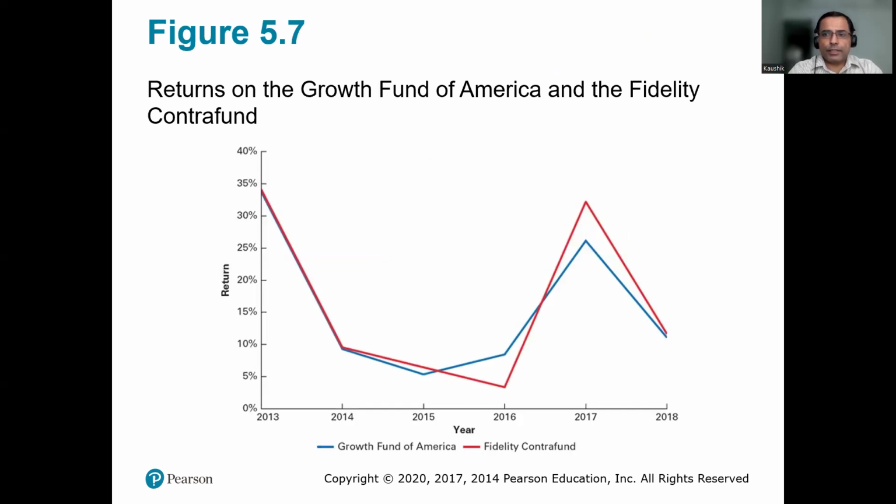So this shows that the traditional approach to portfolio management leads to a herd mentality. Different investors, different investment management companies want to create similar portfolios because they think that they will earn similar returns.